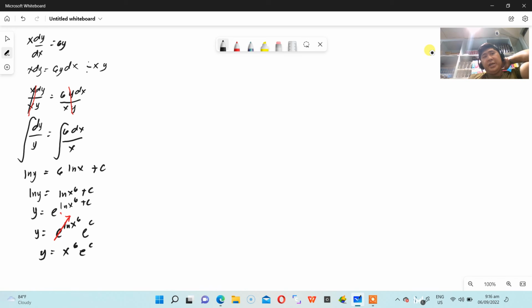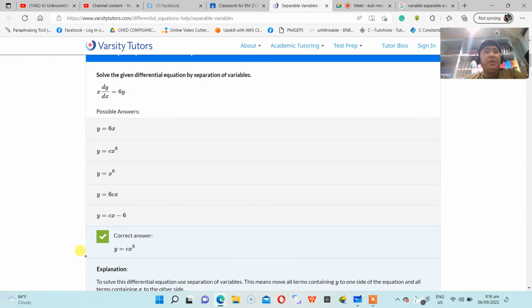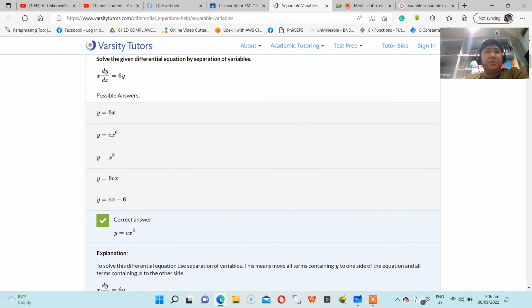But again, remember, the answer is not like this. If you could see, the author is a foreign author. As I told you, foreign authors don't have a value multiplied or a power or exponent on the arbitrary constant c. It is treated as just arbitrary c. So if you can see, there's no e here in the options.